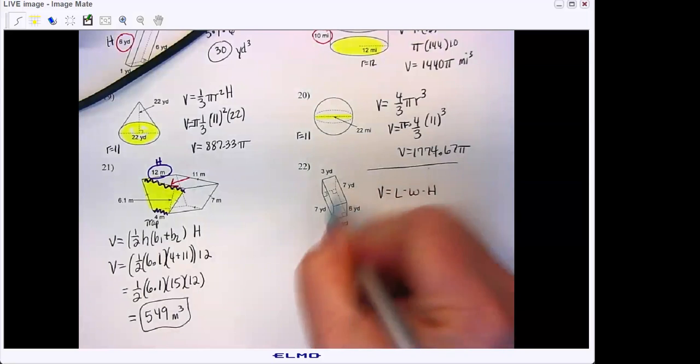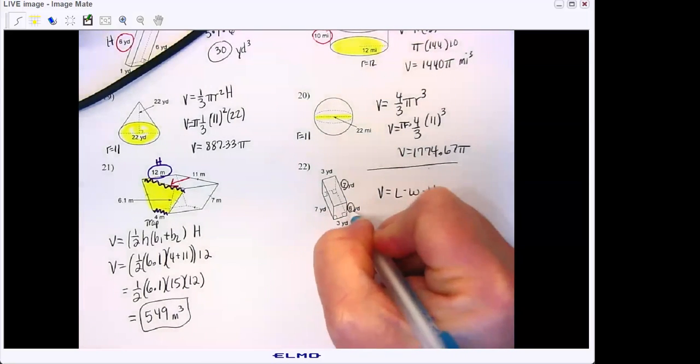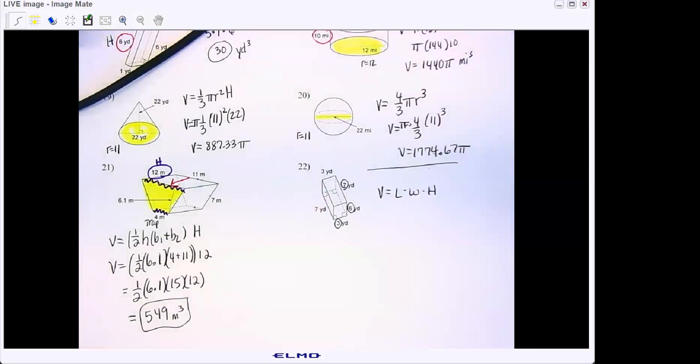Yep. Doesn't matter how you slice it. Here's the 3 numbers that we're using. Put it however you like it.